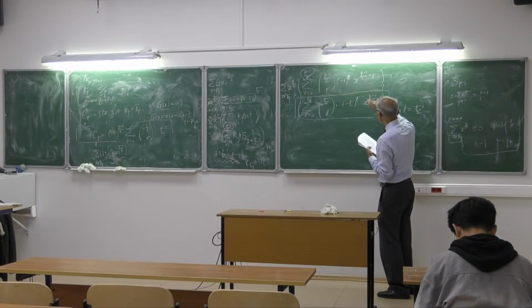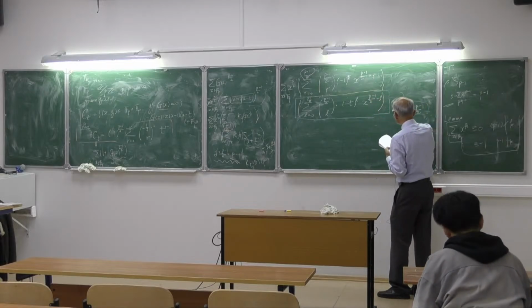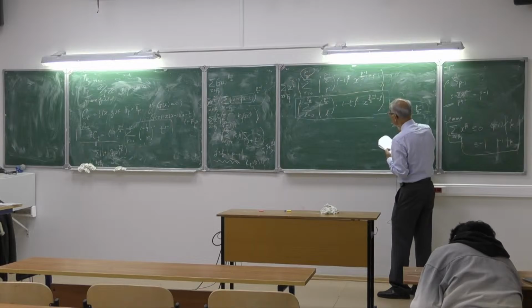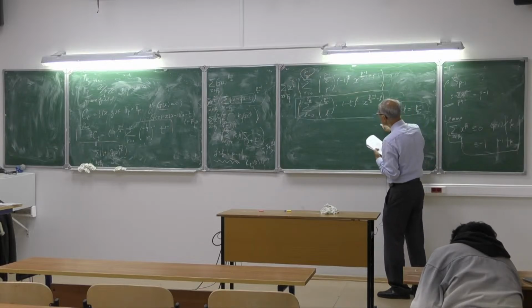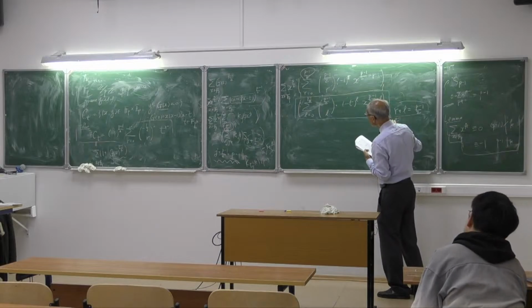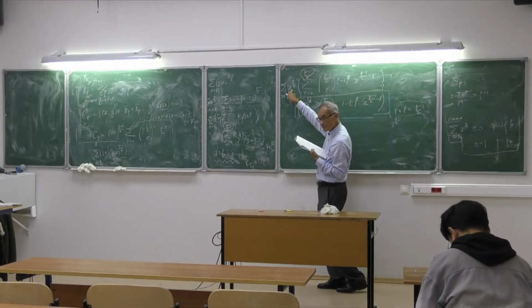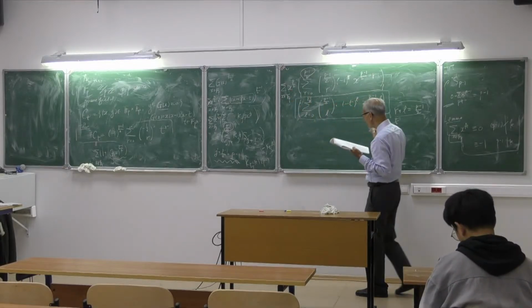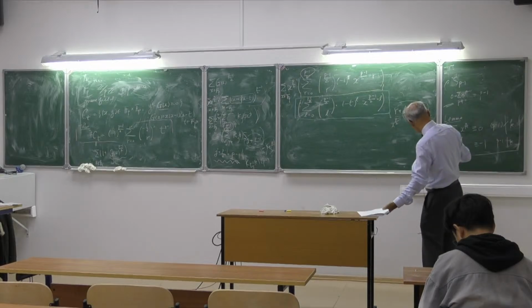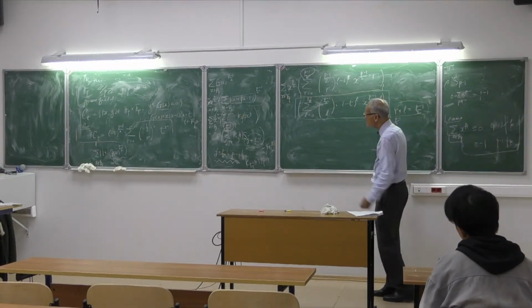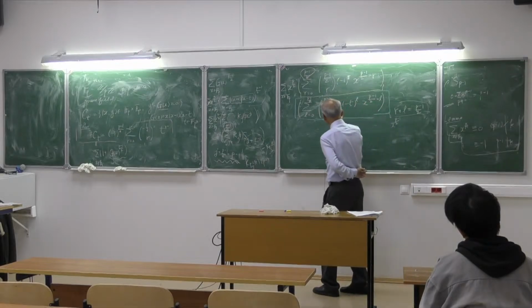It will give us this term times x to the power (p minus 1) over 2. That is, in total, we get x to the power p minus 1 times something non-zero.